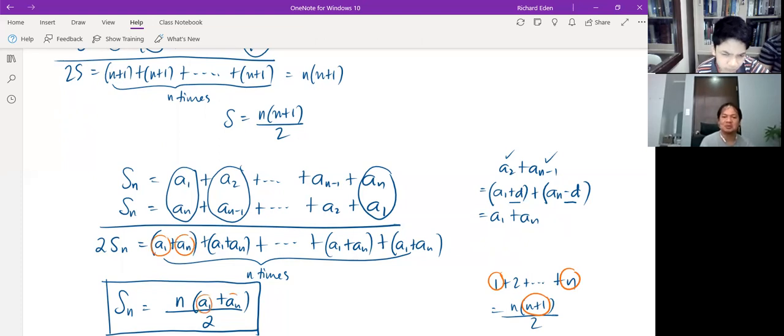So ito yun, a1 plus a sub n, and then multiplied by n, how many terms there are, divided by 2. So the picture I always visualize is actually the Gaussian pairing tool. I imagine these columns, and I know the sum of each column, a1 plus an. And how many times does it appear? It appears n times. But then that's double the sum. So therefore, divide by 2.